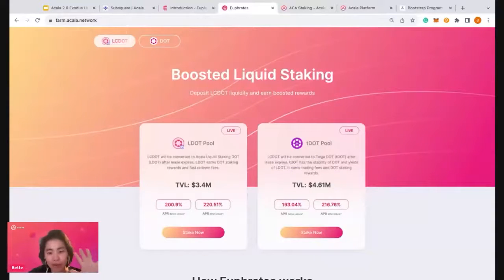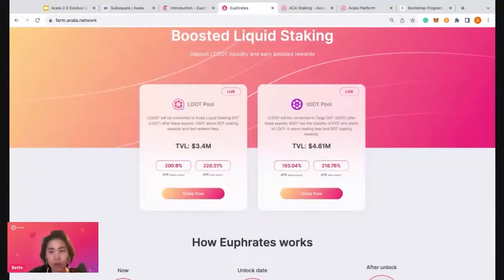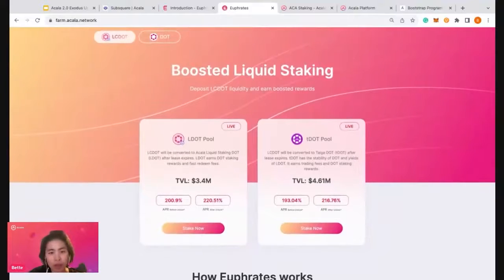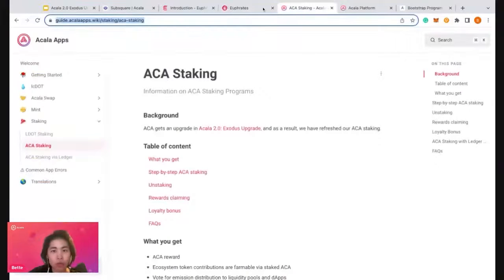There's a comprehensive video guide and text guide that you can follow to set up your wallets and then get your LCDOT into staking. It is very simple, because all you need to do is put your LCDOT into any of the pools that you choose. And the way that it works is, let me show you this.